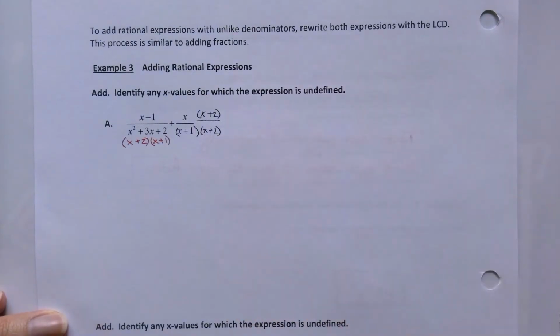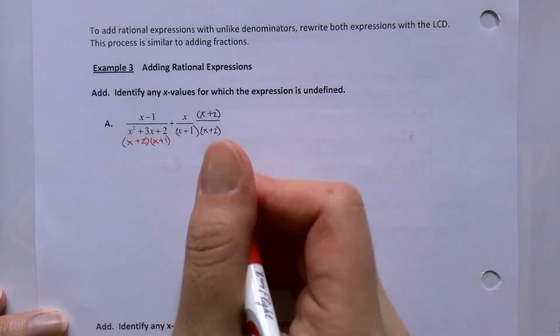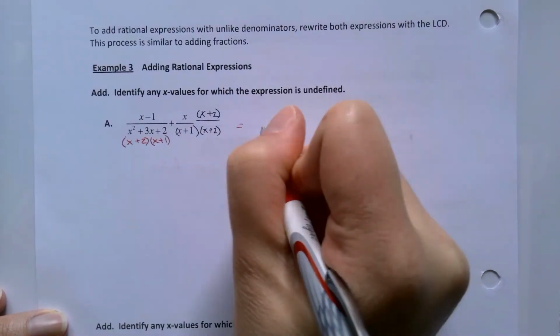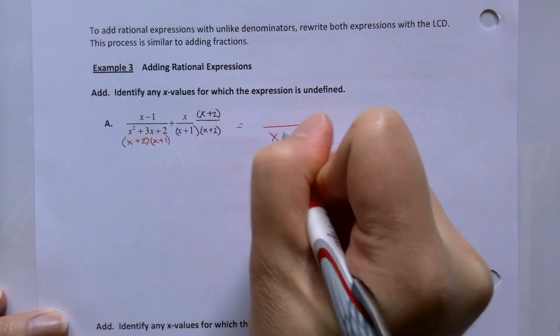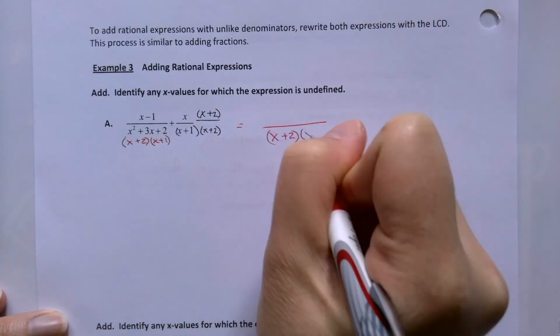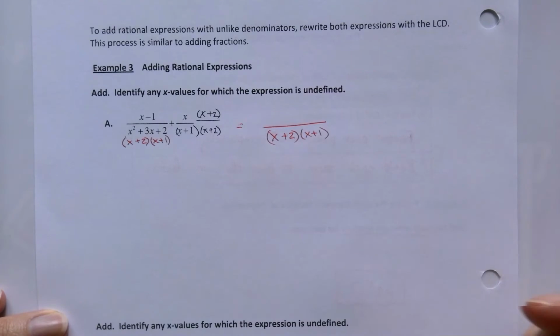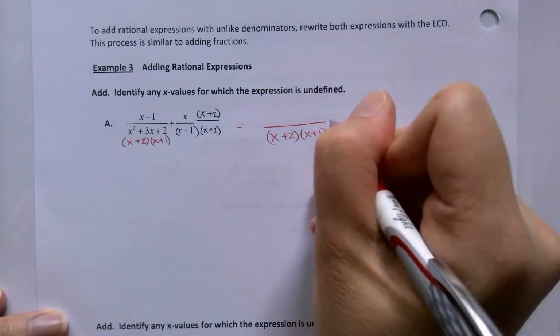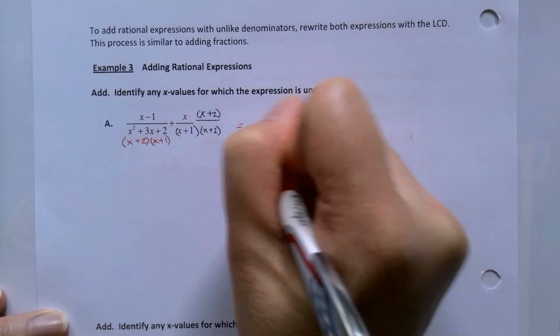All right, so here's where it gets a little messy. I have a common denominator, and my common denominator is x plus 2, x plus 1. Done. That's the easy part, okay? So I'm just going to let that ride.